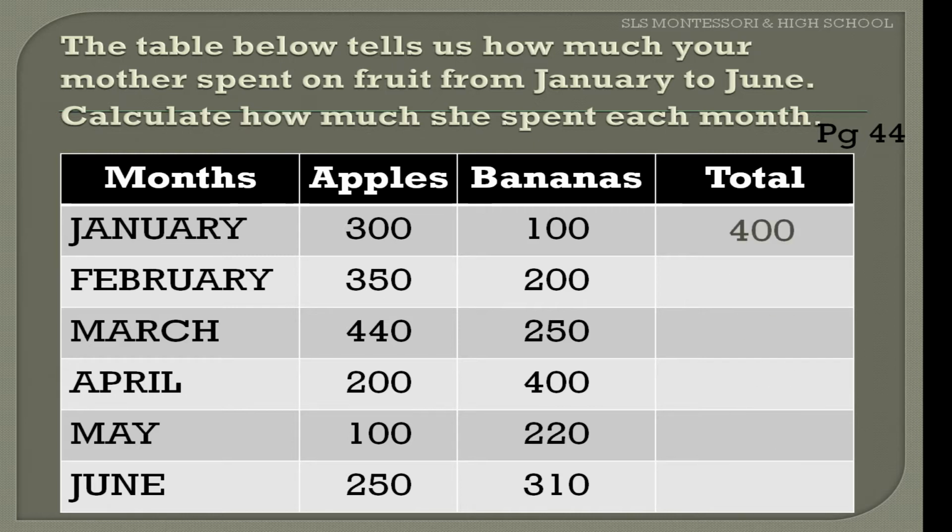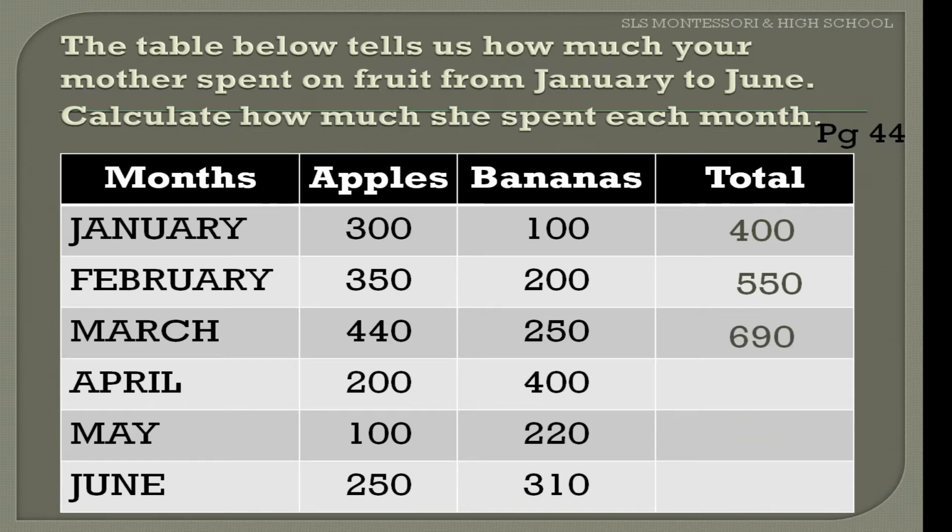Yes, 400. Now she bought apples of rupees 350 and bananas for rupees 200. How much she spent altogether in this month? Yes, 550.